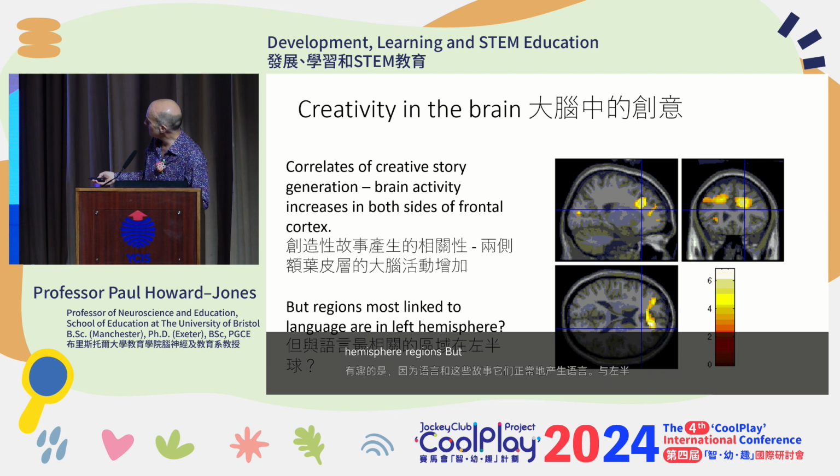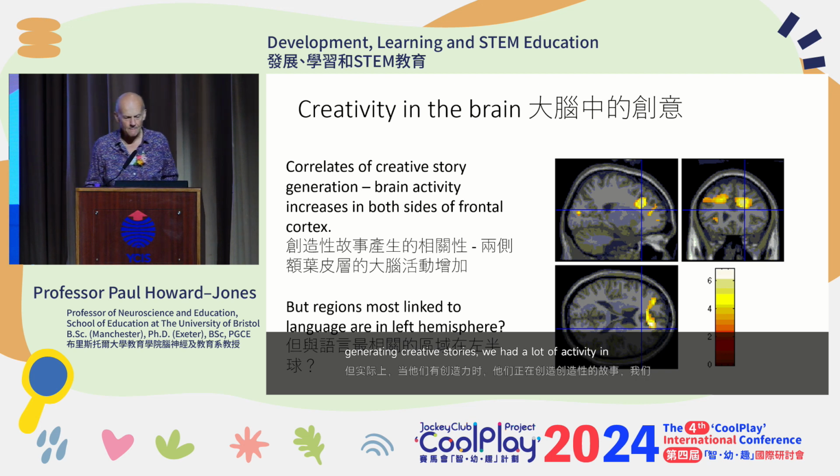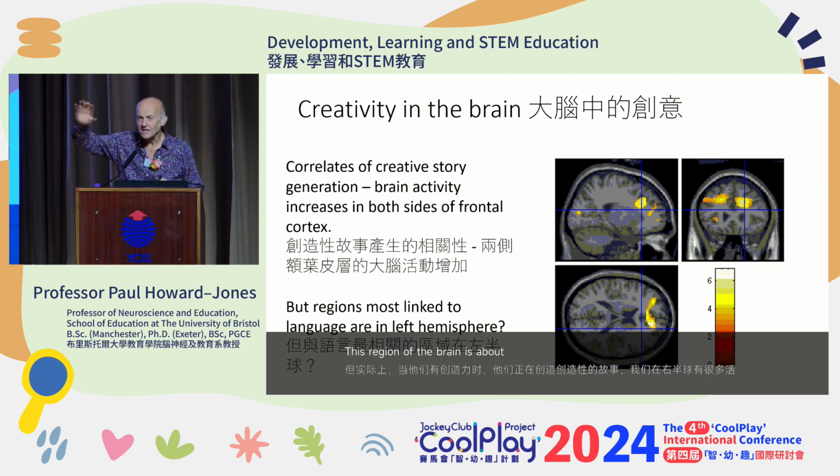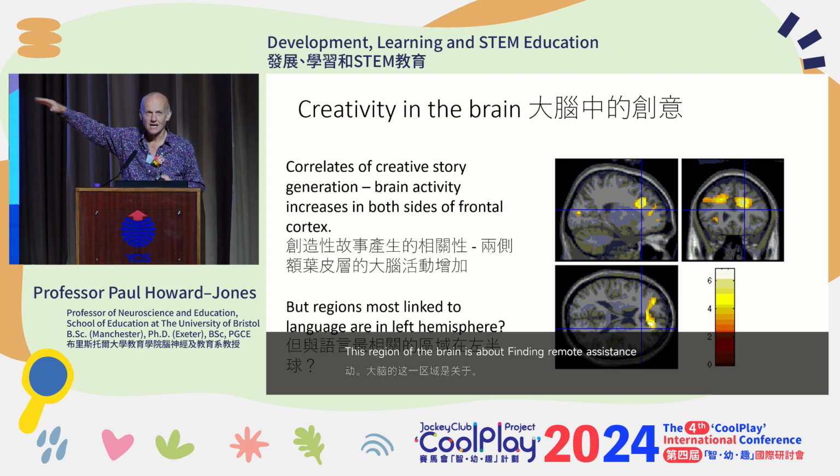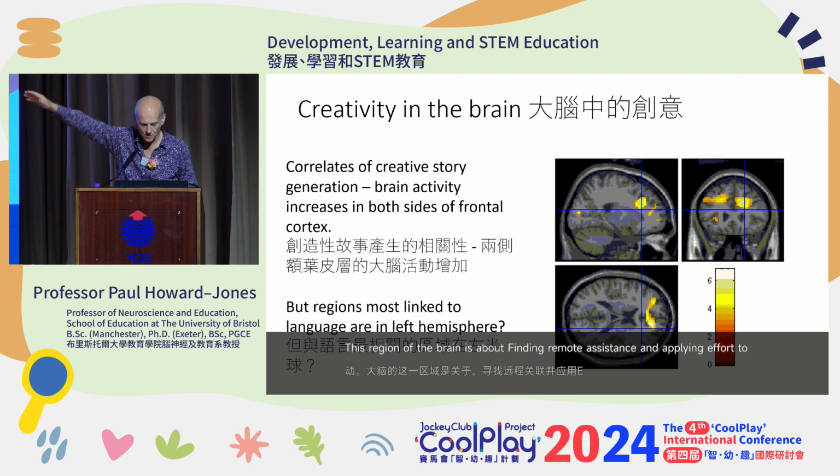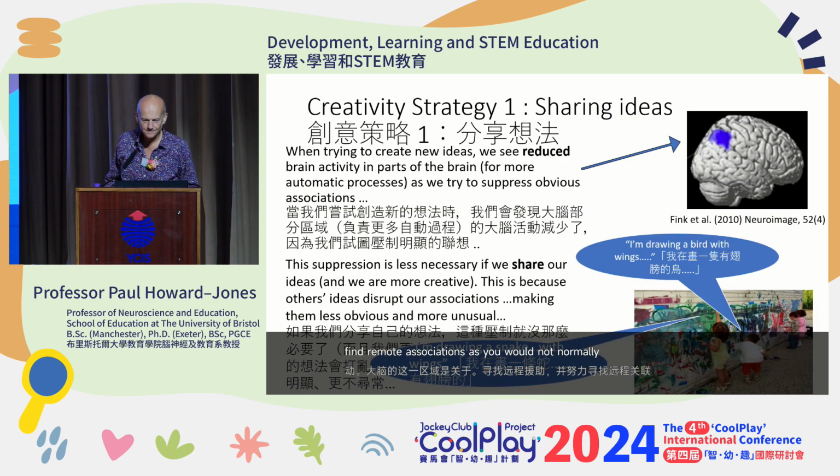But actually, when they were being creative and they were generating creative stories, we had a lot of activity in the right hemisphere. And this region of the brain is about finding remote associations and applying effort to find remote associations, things you would not normally connect to.